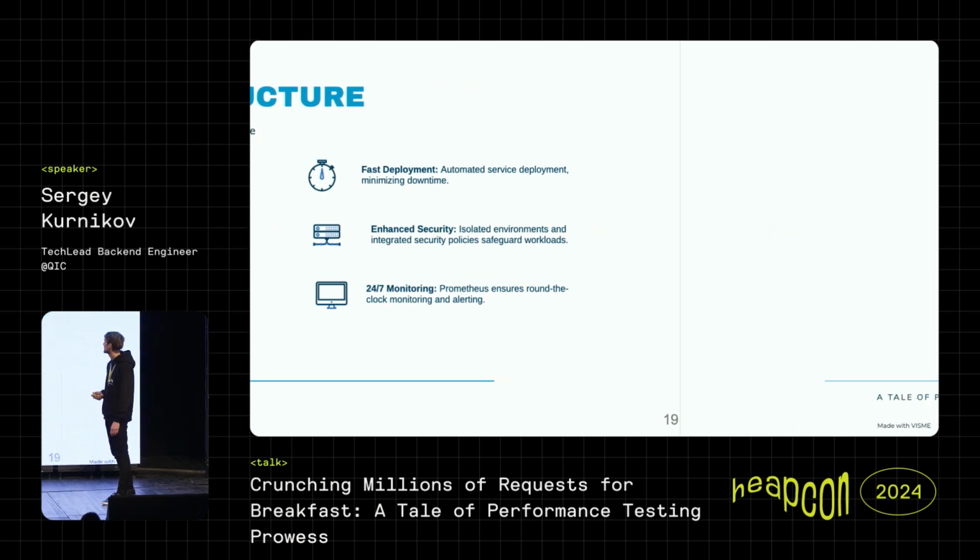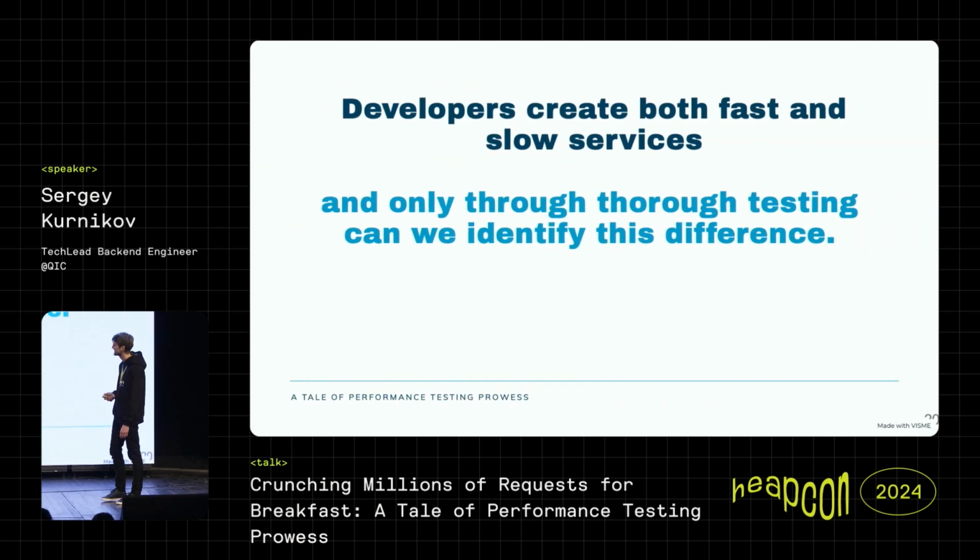So what about a small story? Developers can create both fast and slow services, but only through testing can you identify the difference. Sometimes it's difficult to find a difference between your test cases, so we have a practice of comparing our results with previous results.